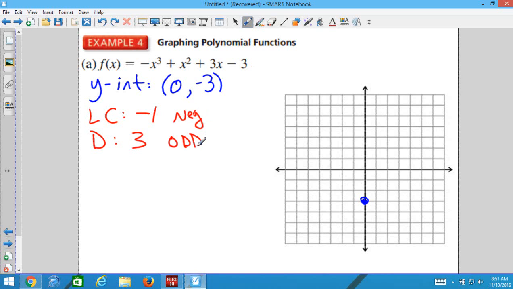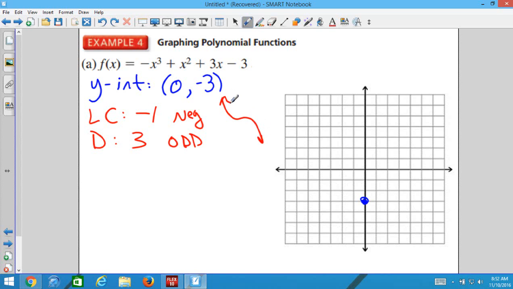So the general basic shape: if it is negative when we go left to right, which direction is this graph going? Is it going uphill or downhill? Down. Downhill, this is negative. So it's going to generally look something like that. So we know a basic shape.